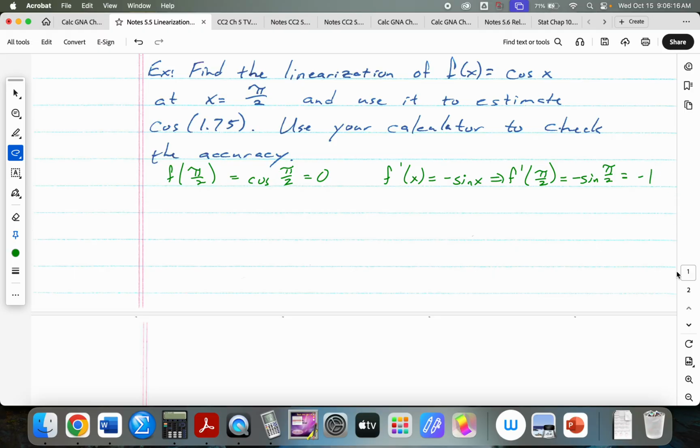That's negative 1. So my linearization, L of x, is going to be equal to 0 minus 1 times x minus pi over 2. And you can simplify that if you want. That would be negative x plus pi over 2.